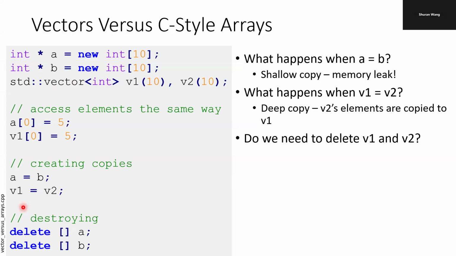Do we need to delete V1 and V2? No, because the definitions of the vectors V1 and V2 are on the stack, and whatever was dynamically allocated inside the vectors will be cleaned up by its own destructor.